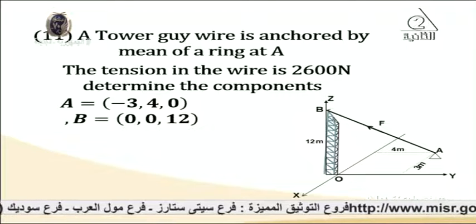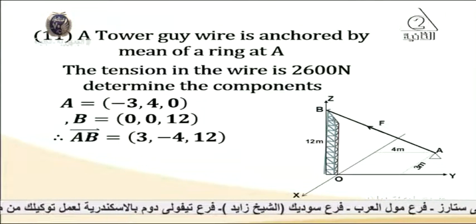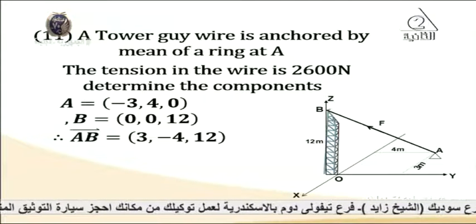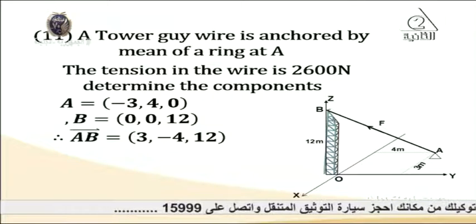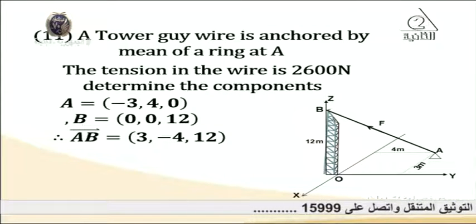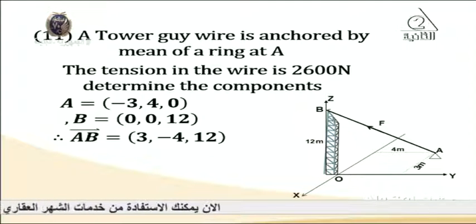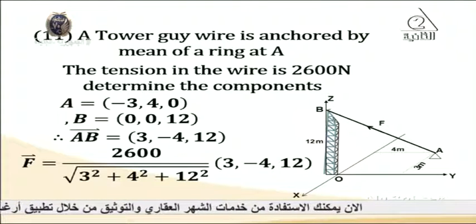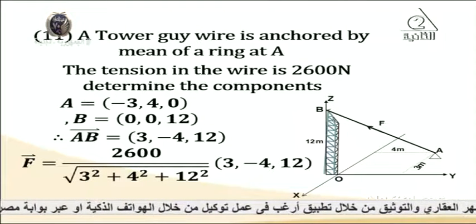We have a force of 2,600 Newton. At first, what is the direction of AB? B minus A. By subtraction, vector AB is (3, -4, 12). Then we use the force.